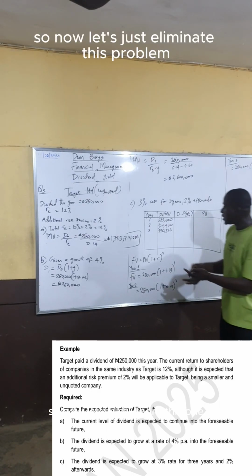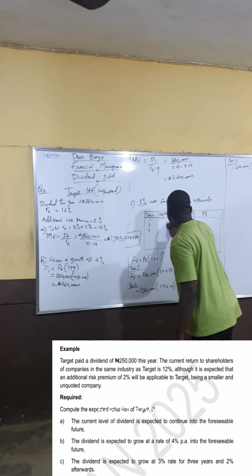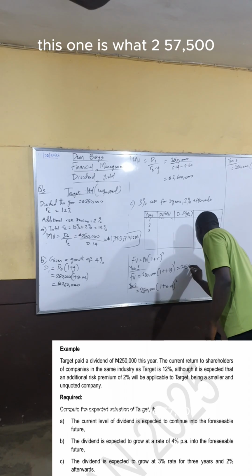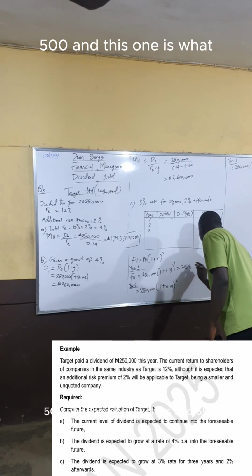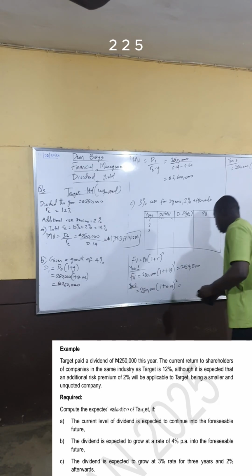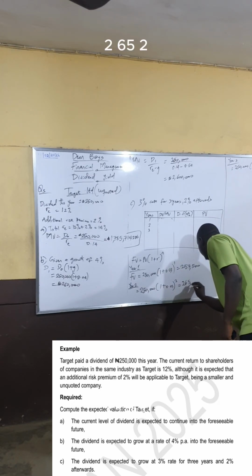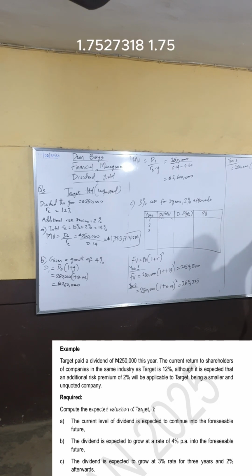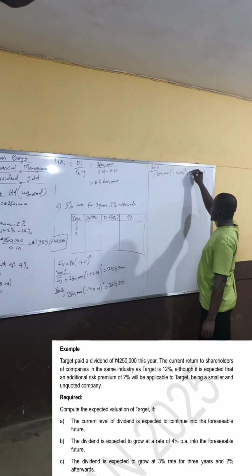So now let's erase this one back. The values are 257,500, then 265,225, and then 273,181.75, which I just say 273,182.